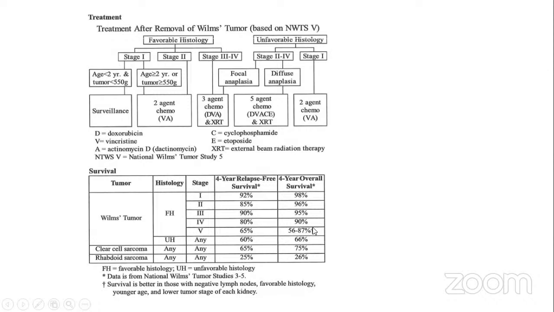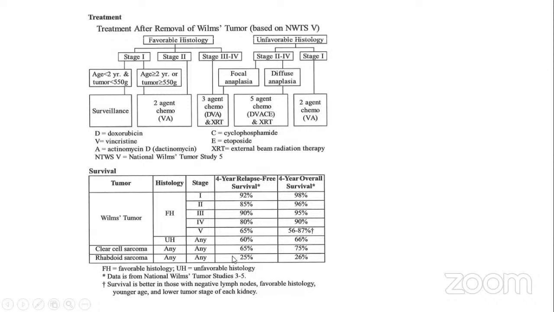Survival is better in those with negative lymph nodes and favorable histology, or a younger age group and lower tumor stage of each kidney. This is for stage 4. For unfavorable histology, any stage, the free survival is 60% and overall 66%. If it is clear cell, any stage, it is 65% in 4-year survival and 75% overall.